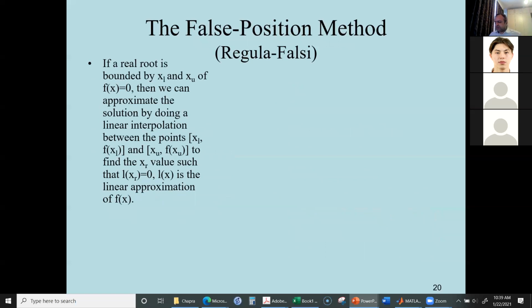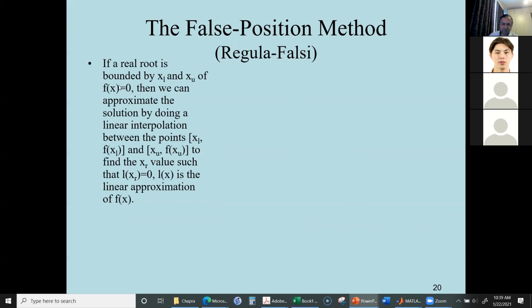In fact, this false position method is nothing new. Maybe you have used it in some other situations as well. It is the kind of method which is called the method of similar triangles.